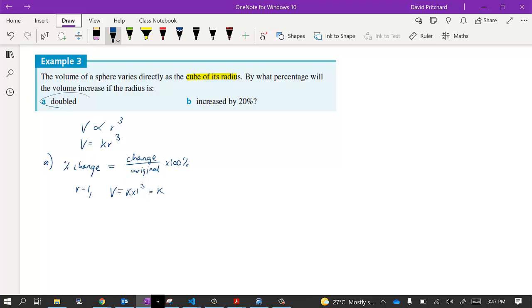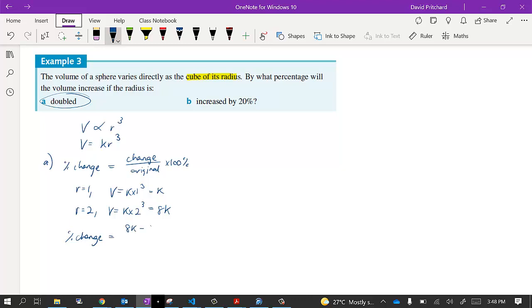Now, in this case, we're doubling. So if we're doubling, R is equal to 2. And therefore, V is equal to K times 2 cubed, which means that we're left with 8K. Once we've got these two, we're able to look at it as a percentage change. So if we go back to our percentage change, our change will be the new value take away the original.